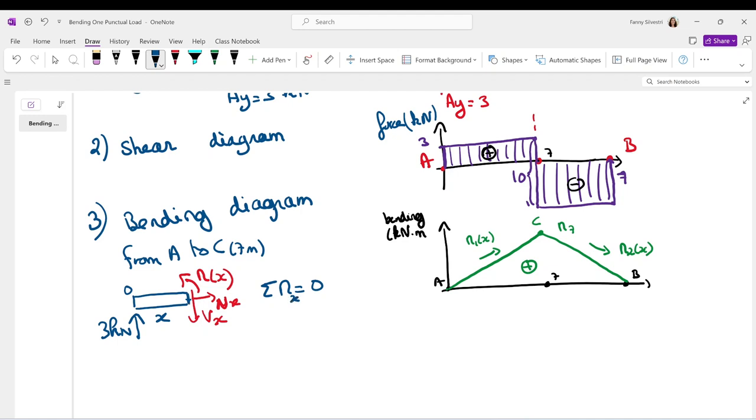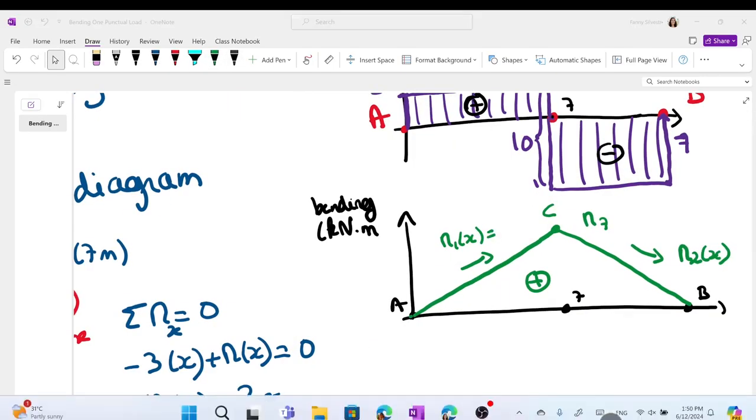We will have minus 3 kilonewton times x, the distance, creating a negative moment, plus the moment at x, equals 0. So Mx equals 3x. So this equation there, M1(x) equals 3x.